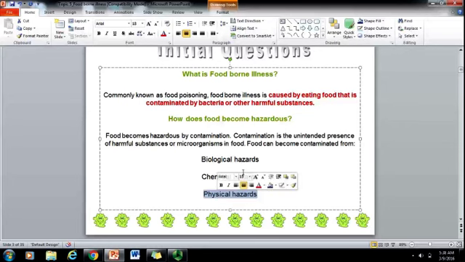Okay, so there are three pathways by which food can be hazardous. The primary pathway is from the biological agents, bacteria and viruses. And the second pathway is through chemical contamination. Chemicals can come either from the food itself, or from the environment, or as an unintentional chemical hazard.